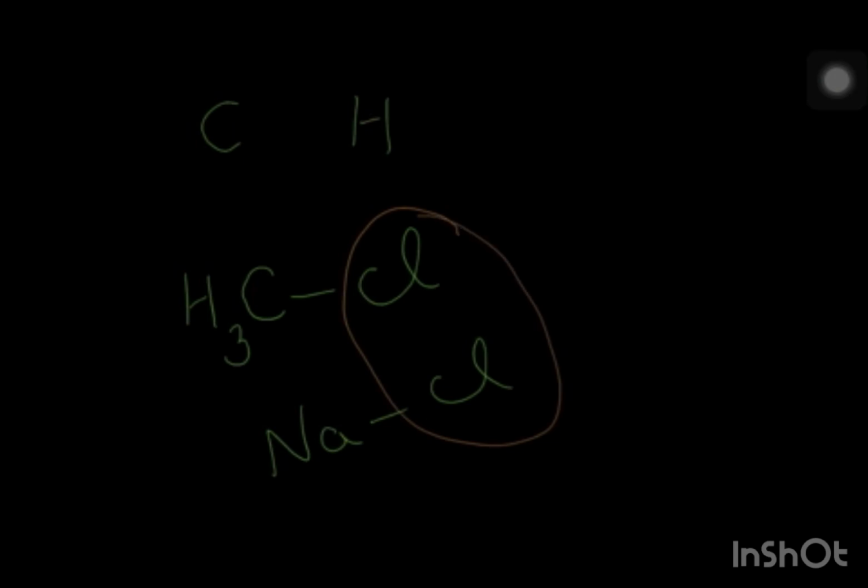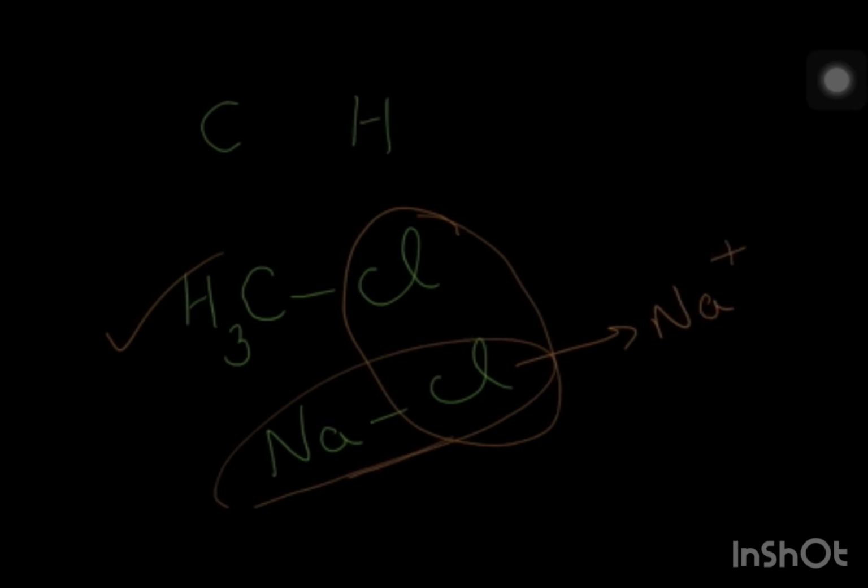The difference is that in this organic compound, the carbon-chlorine bond is not so polar that it will give you the chloride ion when you put it in solution, as compared to NaCl, which is purely ionic in nature. As soon as you put it in water, it is going to dissociate to give you Na+ and Cl-. And we simply detect the presence of Cl- by adding AgNO3, and we get the precipitate of AgCl, as simple as that, a white precipitate, which is completely soluble in ammonium hydroxide.